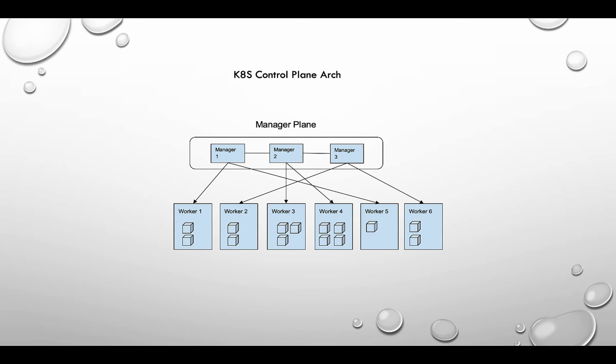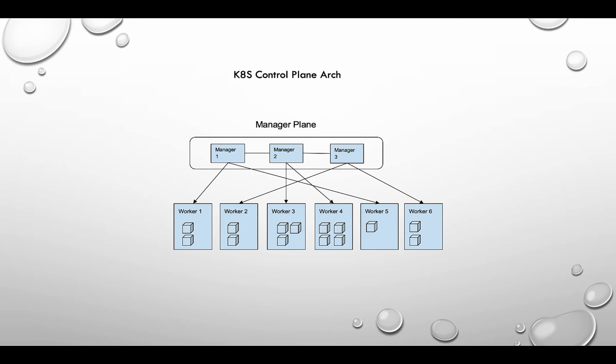So the control plane consists of the manager plane and the workers. In this diagram I'm showing three managers and six workers. This is like a production scenario, because you don't want to have just one manager when you're running production workloads. With one manager, there are chances the manager goes down and you lose that VM or that node for some reason, and then your cluster is in an unhealthy state.